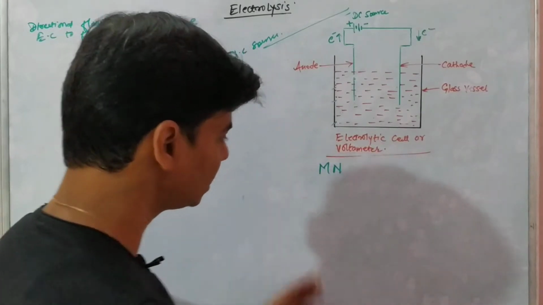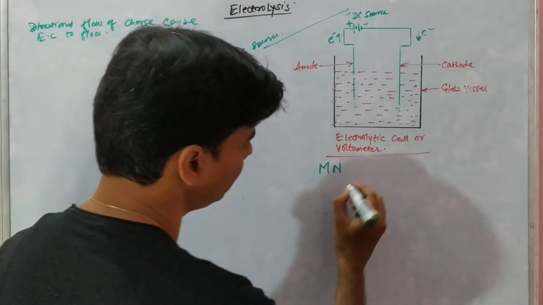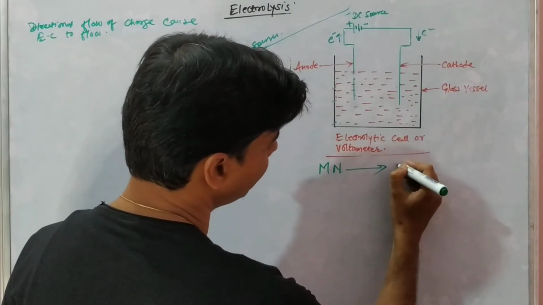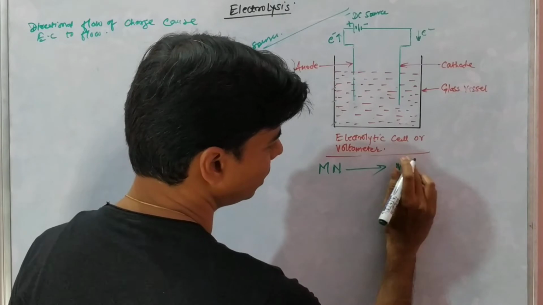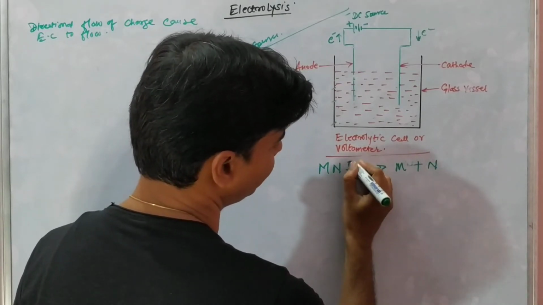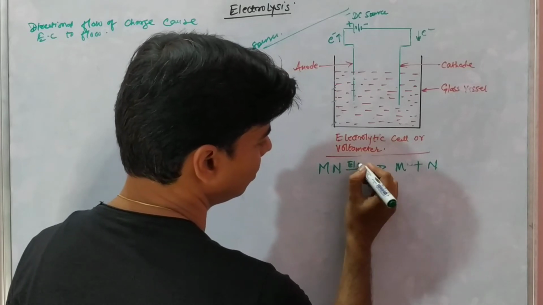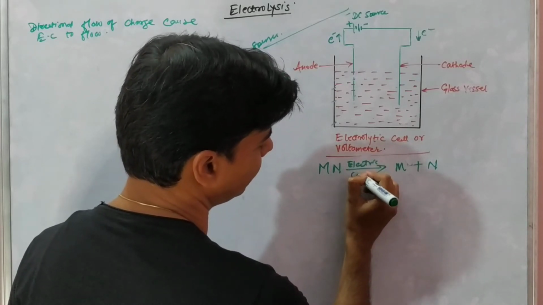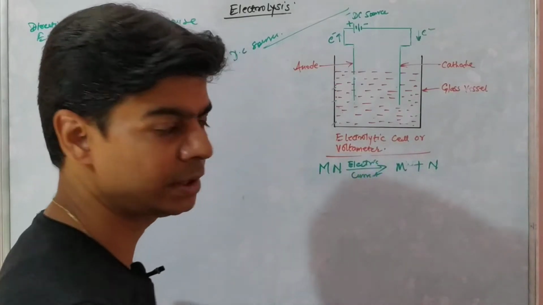Let's say this is an electrovalent compound, right? And we will break this electrovalent compound into M and N using electric current, right?